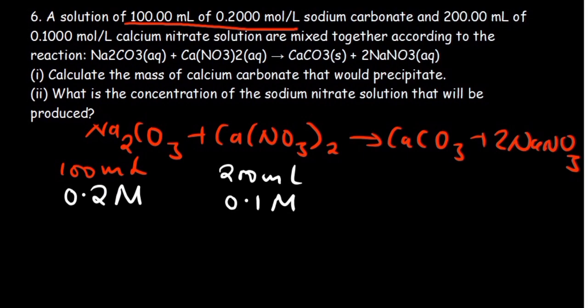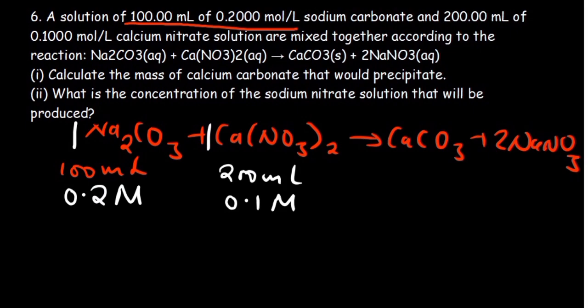Okay, calculate the mass of calcium carbonate. How do you determine the mass of calcium carbonate that will precipitate? Let's first determine the number of moles that we are reacting. And for your information, these are reacting in the ratio of 1 to 1, as you can see from our balanced chemical equation.